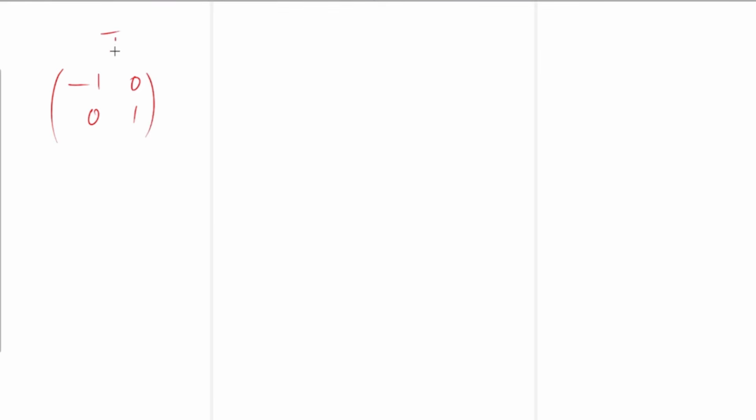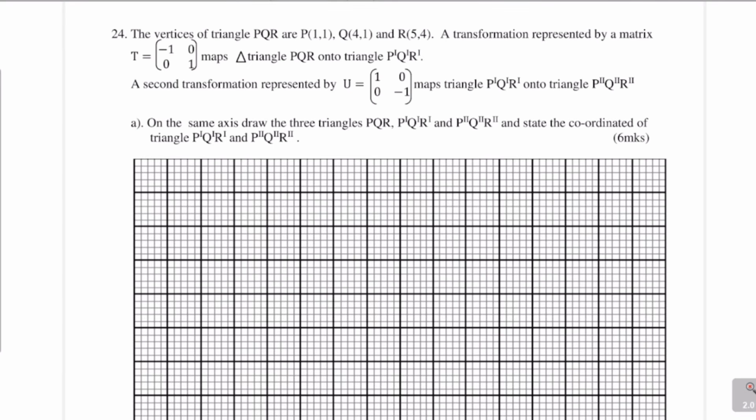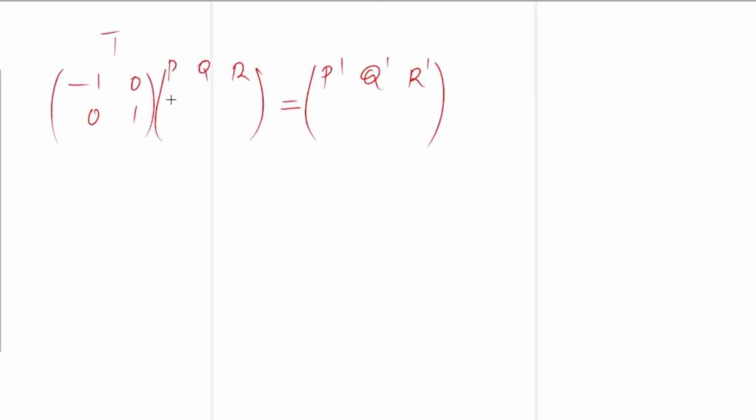That is the one that maps triangle PQR to P prime, Q prime, and R prime. So P is 1, 1, then the next one 4, 1, and 5, 4. So these will give us the first image.